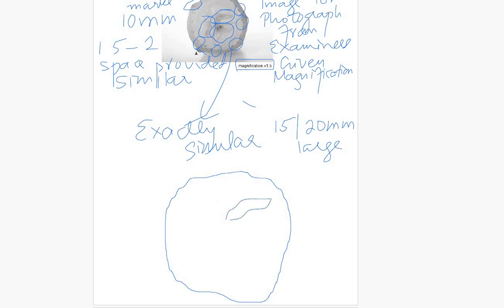So a similar structure is given inside. We have to make it exact. I am having difficulty in joining the points. Sorry. So it must be like this. Similar. Okay.